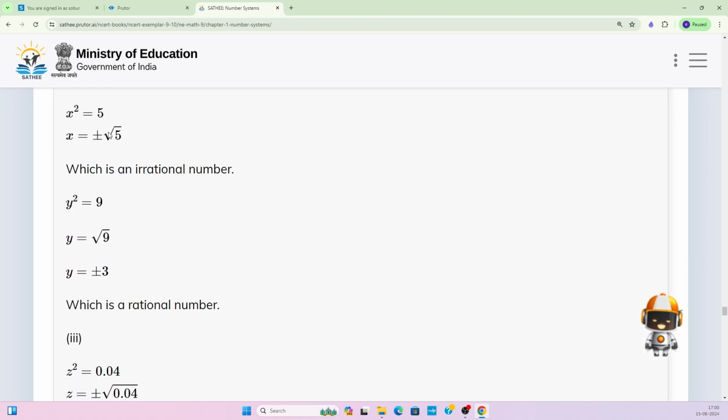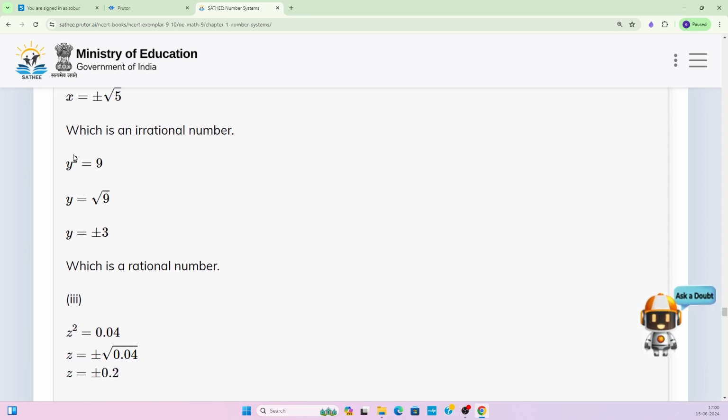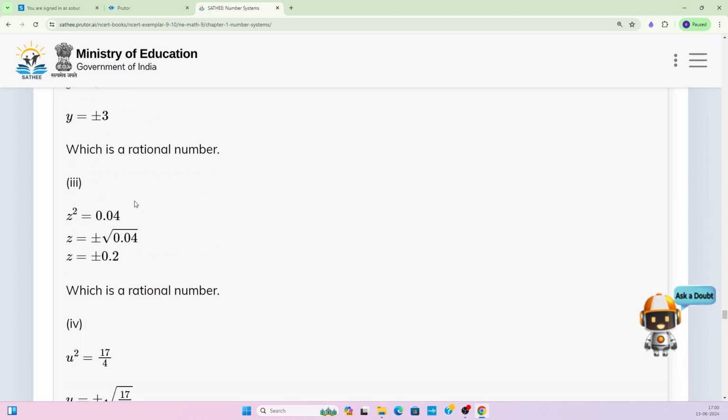So x square is equal to 5. This implies x is equal to plus minus root over 5, which is an irrational number. And y square is equal to 9. This implies y is equal to root over 9, and this implies y is equal to plus minus 3, which is a rational number. And z square is equal to 0.04. It implies z is equal to plus minus square root of 0.04, and it implies z is equal to plus minus 0.2.